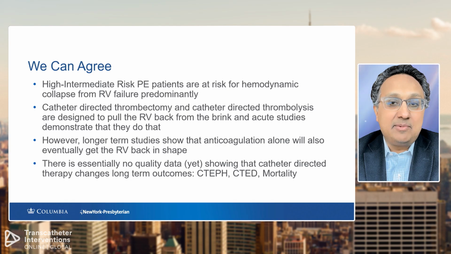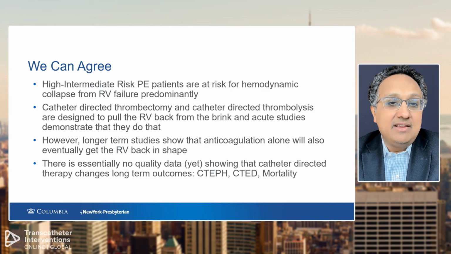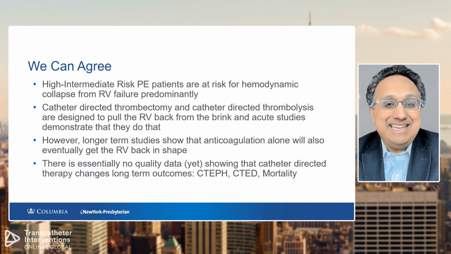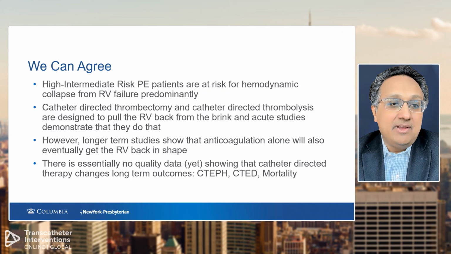So I'm just going to take you a little bit on a journey as we talk about this. We can, I think, agree that high intermediate risk PE patients are at risk for hemodynamic collapse from RV failure predominantly. Catheter-directed thrombectomies, you've already seen, and thrombolysis, as I'll show you, are designed to pull that RV back from the brink. And the acute studies demonstrate that they do that.